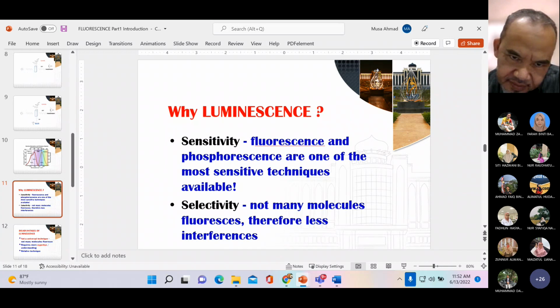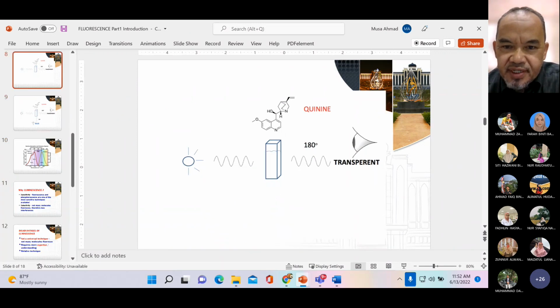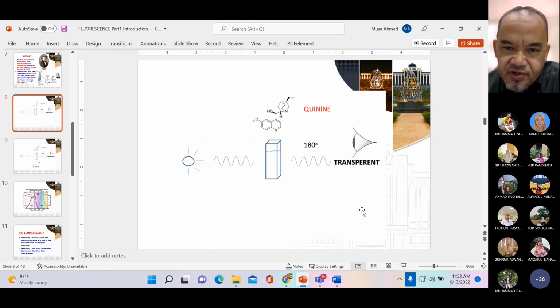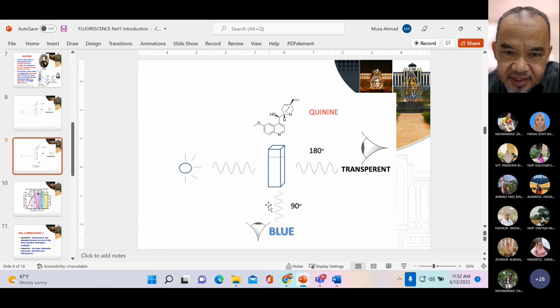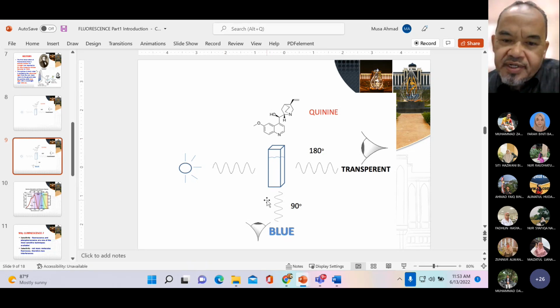Because when we do the measurement, we are measuring at 90 degrees, from here to here. But in UV-visible spectroscopy, we measure at 180 degrees. By measuring at 90 degrees in fluorescence, we avoid the stray light that would be detected if we measured at 180 degrees.